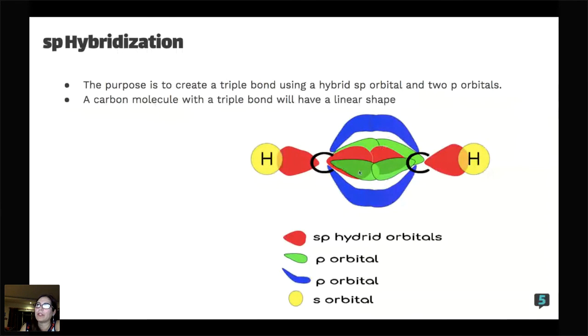And here we have the triple bond. One line for the red overlap, another line for the blue overlap, and another line for the green overlap. With imagination, that's what carbon will do for a triple bond. And it will form a regular single bond with hydrogen.